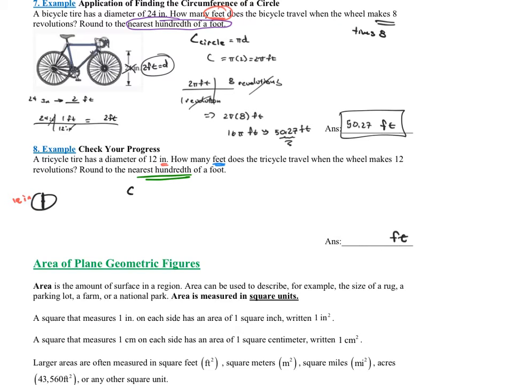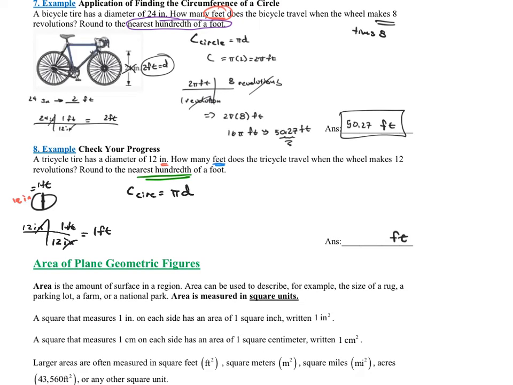Again, a revolution of this tire is the circumference of the circle. So I need to find the circumference of the circle, which would be pi times the diameter, because we're given the diameter. Again, we have our issue here that we start off in inches, so we need to convert from 12 inches to feet. When we know that there's 12 inches in 1 foot, that simplifies, and 12 over 12 is 1, so we're getting a total of 1 foot.